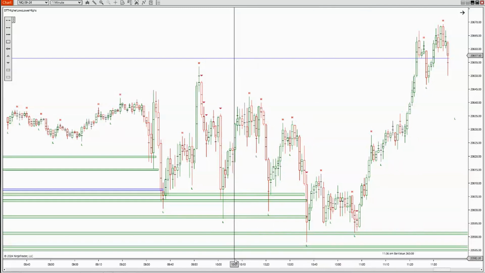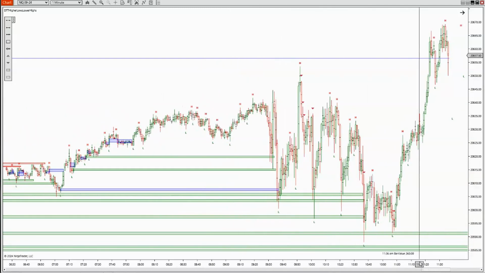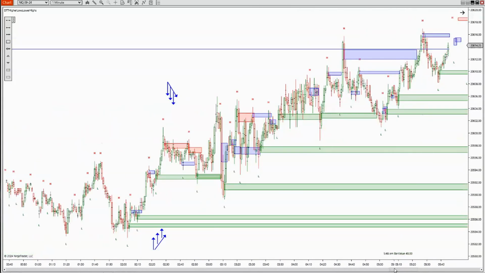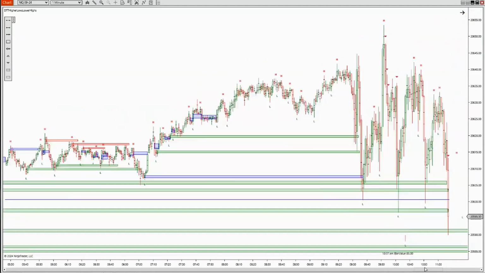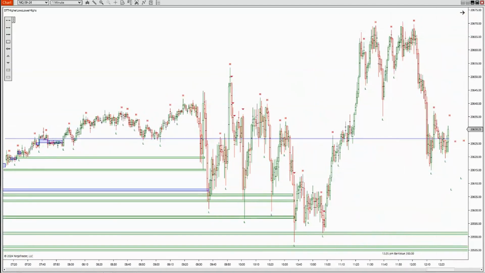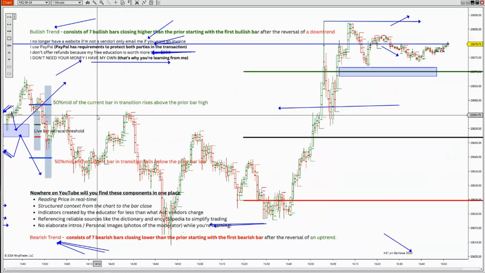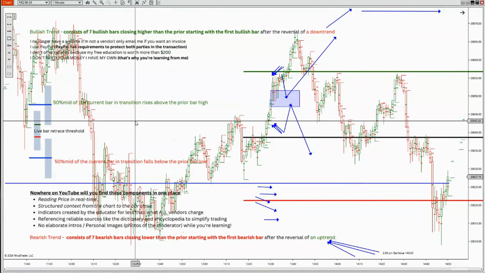Okay, so now if you just think about it, if you're not going to go down and take out the uptrend, well, if you're not going to go up, then you're not going to go down. You're going to go up, which again brings me to this.